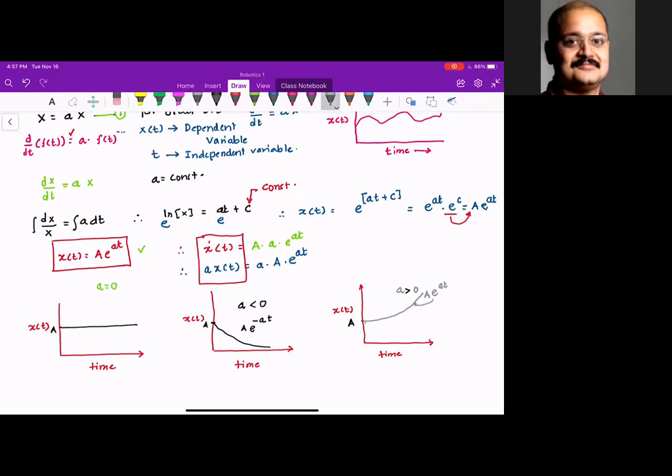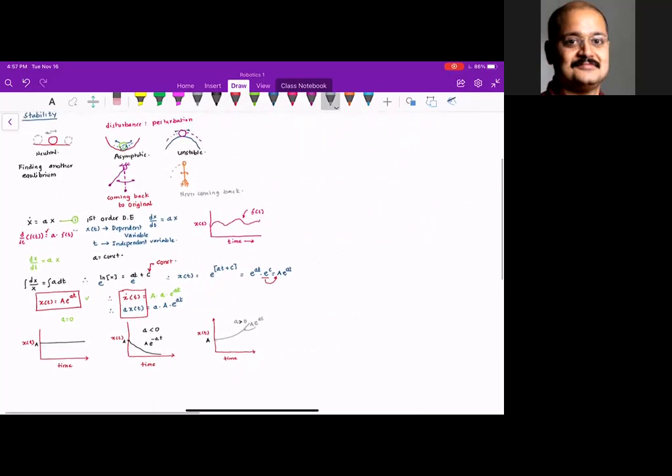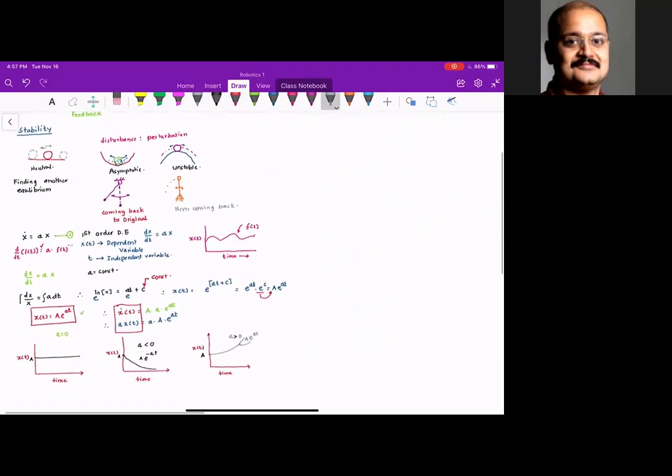Agreed? Now what I want you to do is compare this with the pendulum problem that I just showed you over here. When the system has neutral stability, what it means is you start with point A, you displace it, you find another equilibrium, you displace it, you find another equilibrium, and so on. When the system is asymptotically stable, that means as time goes to infinity, system goes back to its equilibrium. In this case, it's the 0 position.